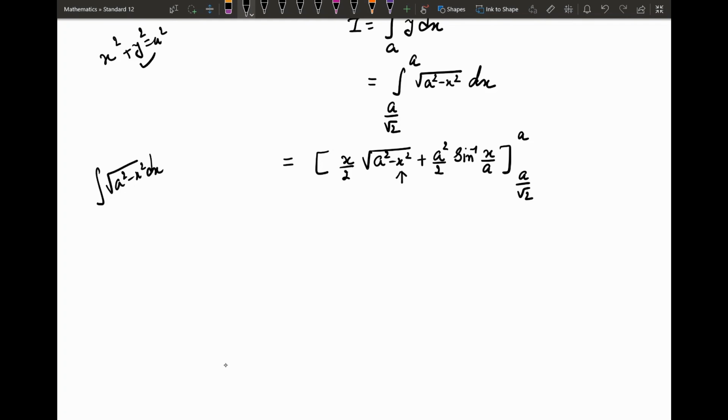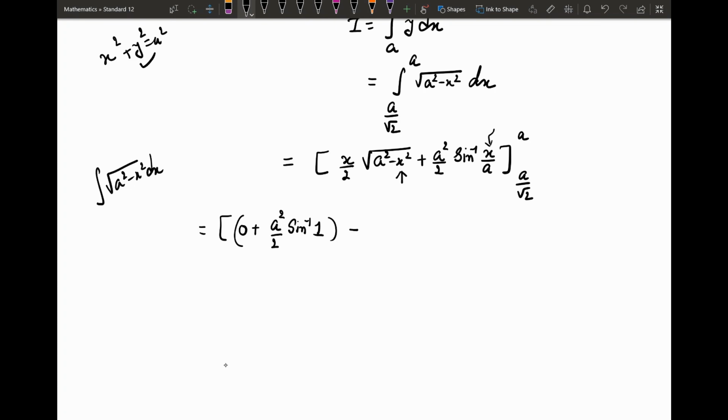So when we put the upper limit, plus a square by 2 sine inverse of a by a, that is sine inverse 1.